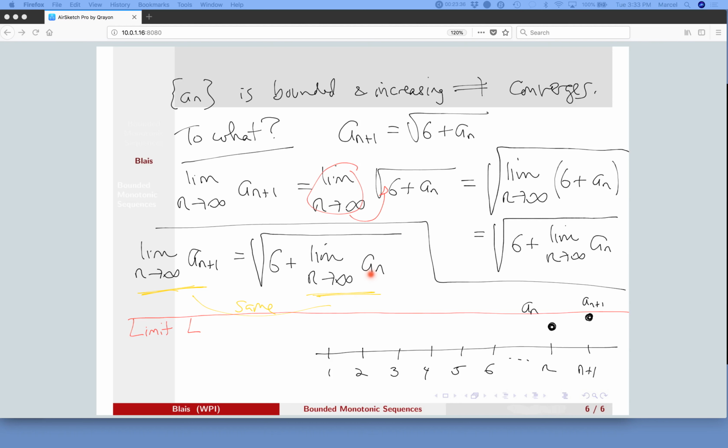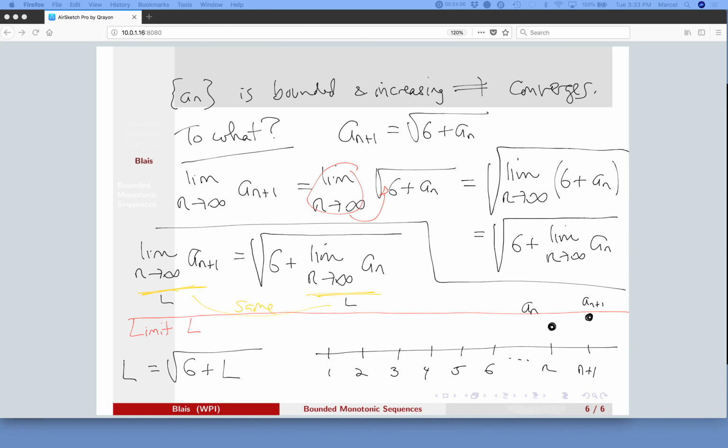So this is the nth term, and this is just the term that's one step ahead of that nth term. So what we do is now just rename these L. And we can take this expression and say L equals the square root of 6 plus L and solve for L.